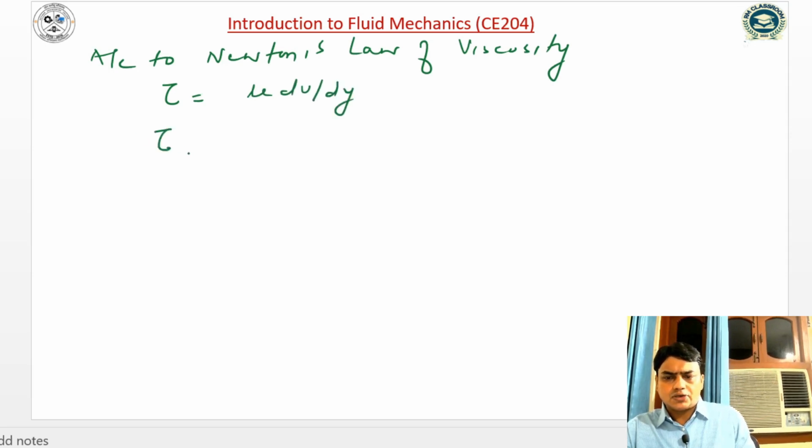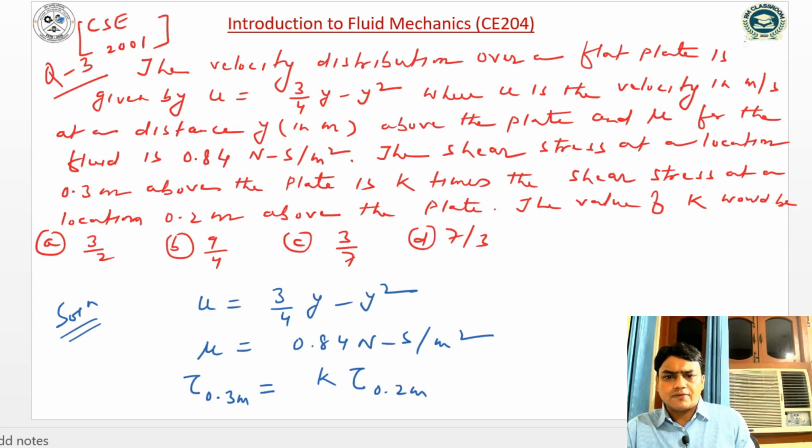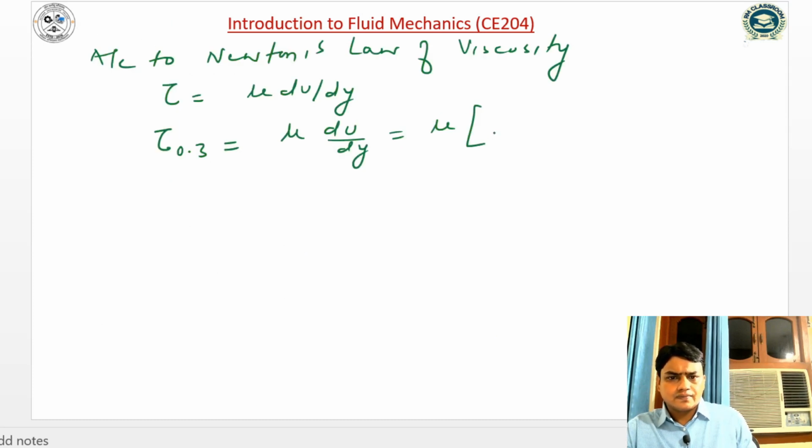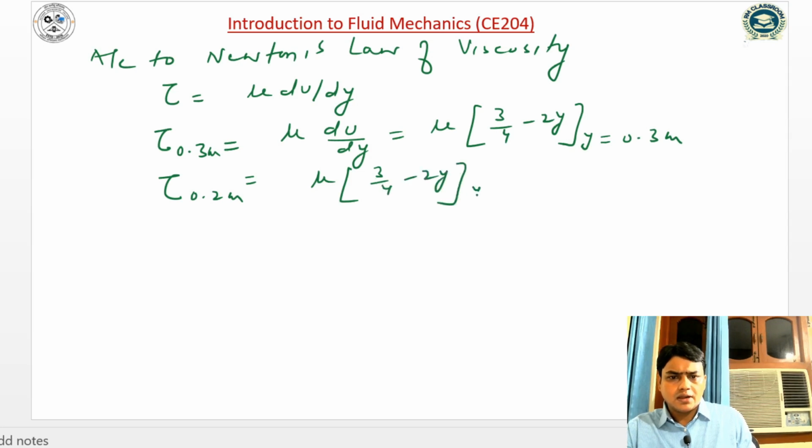So if I write tau at 0.3 is equal to mu into du by dy, it will be mu into 3 by 4 minus 2y at y is equal to 0.3 meter. Similarly, tau at 0.2 meter is equal to mu into 3 by 4 minus 2y at y is equal to 0.2 meter.